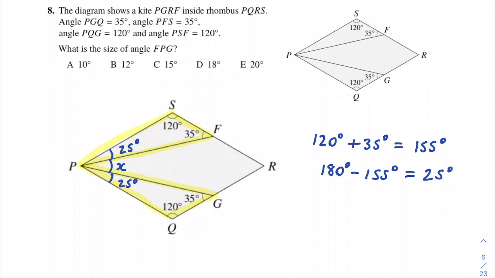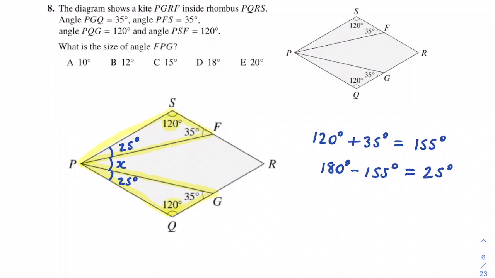Now we can see here that the angle PSR, which is this angle here of 120 degrees, and then the angle PQR are the same. So what that means is angle SPQ will be equal to angle SRQ.